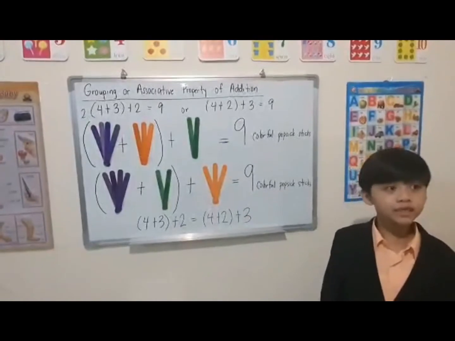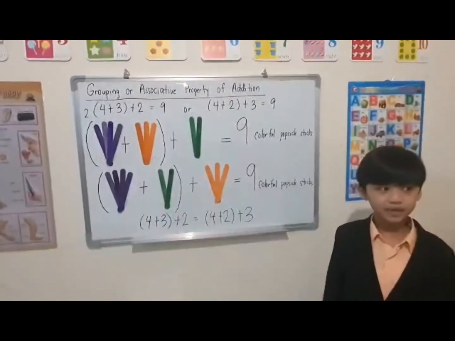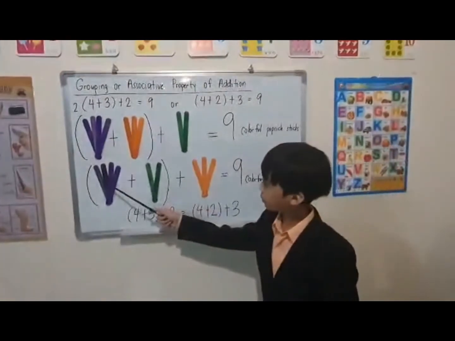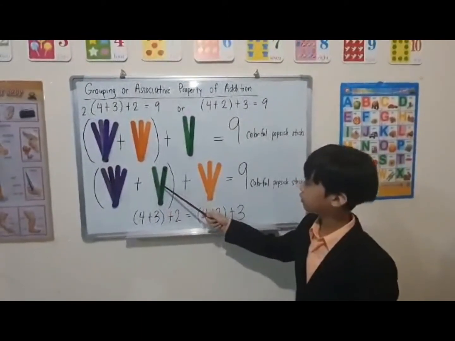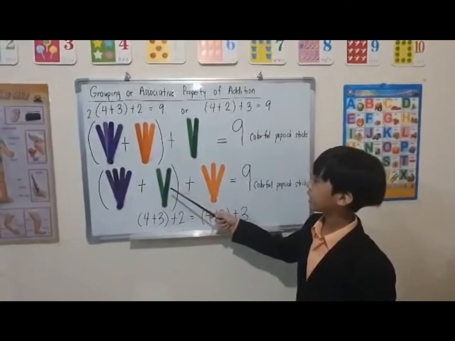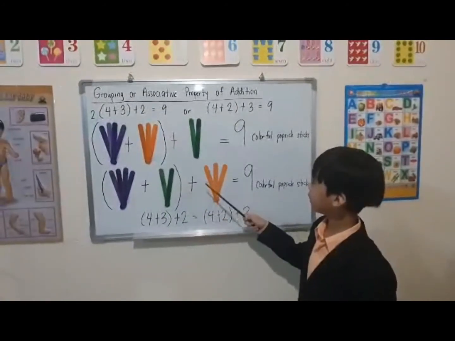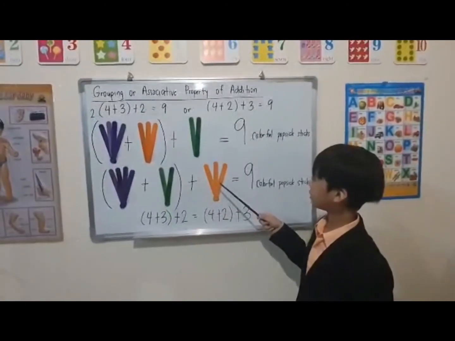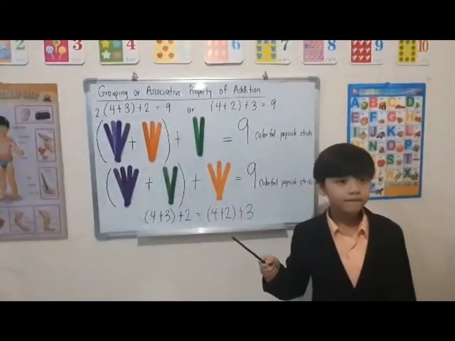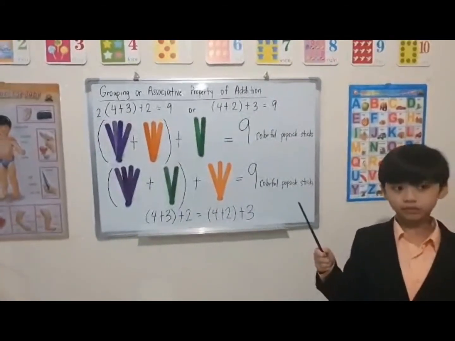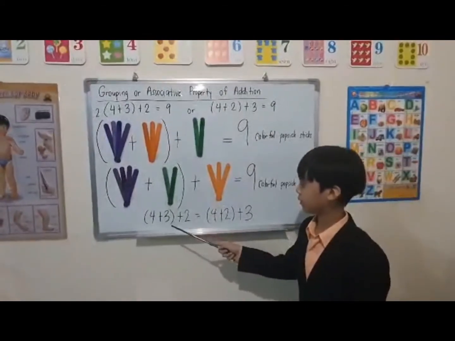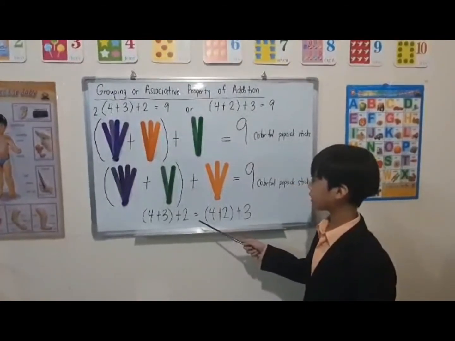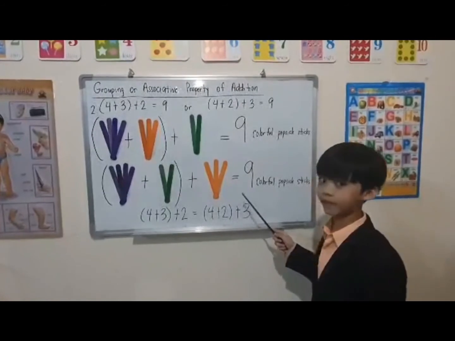If we change the grouping of the addends to 4 purple popsicle sticks and 2 green popsicle sticks in the parenthesis plus 3 orange popsicle sticks, the total is also 9 colorful popsicle sticks. Therefore, 4 plus 3 plus 2 equals 4 plus 2 plus 3.